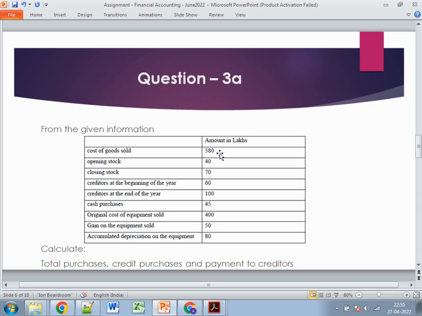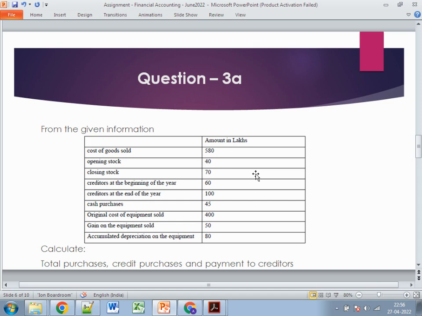So using these three values, you can calculate your total purchases. COGS equals opening stock plus purchases minus closing stock, right? So COGS is 580. 580 equals 40 plus purchases minus 70. It's a simple calculation. You can just make the calculation to get the total purchases, right?